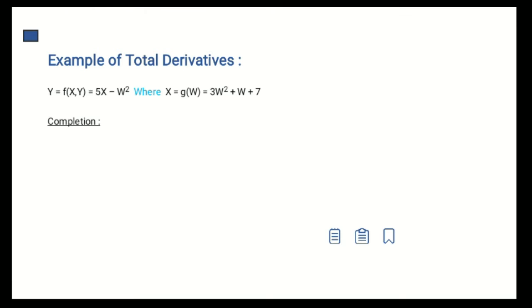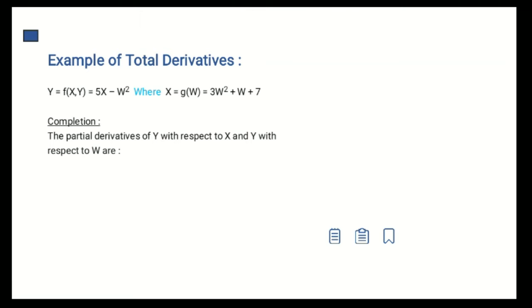Okay, example of total derivative. Known y is f(x, w) = 5x - w squared, where x is g(w) = 3w squared + w + 7. Completion.